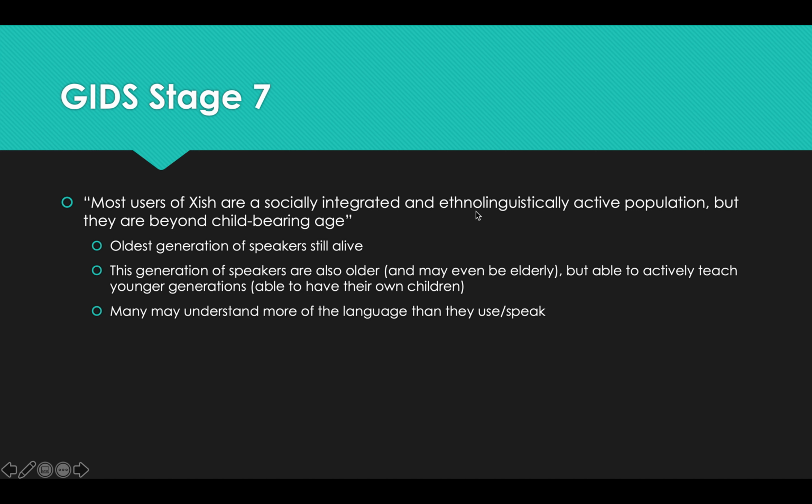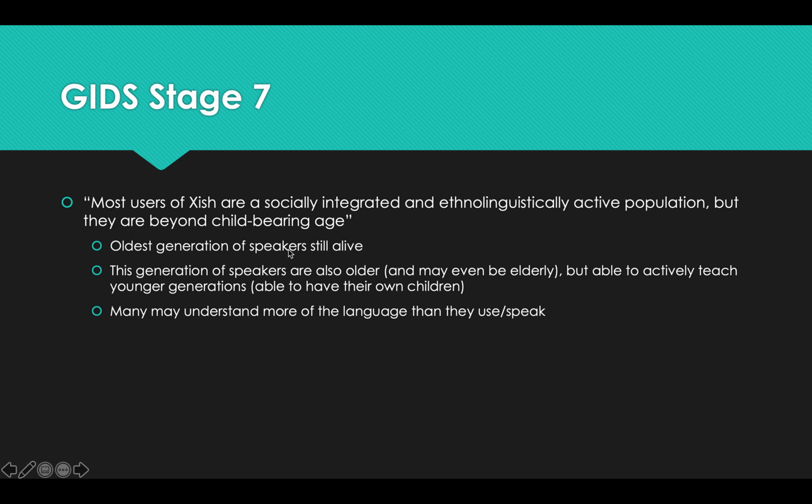And they are able to use the language, ethno-linguistically active population, but these people are not going to be having children. They're maybe in their 50s, 60s, 70s. They can use the language, but they will not have any small children in their home, except for maybe grandchildren.